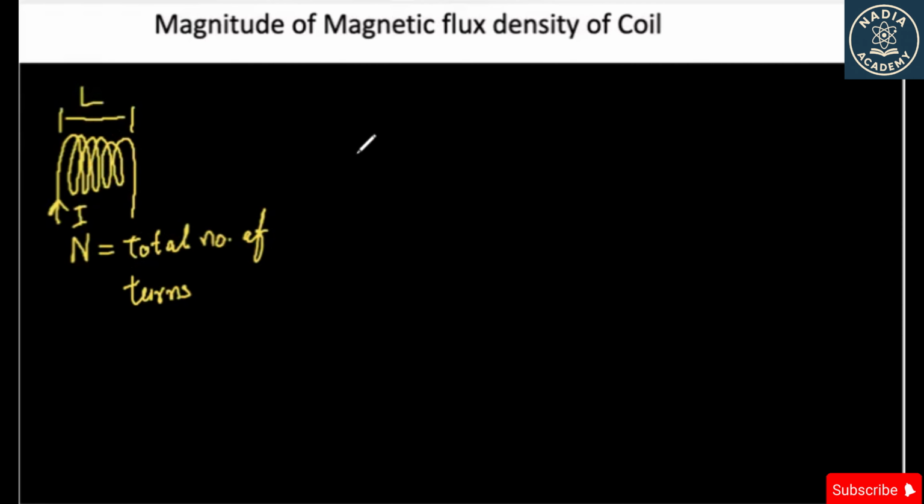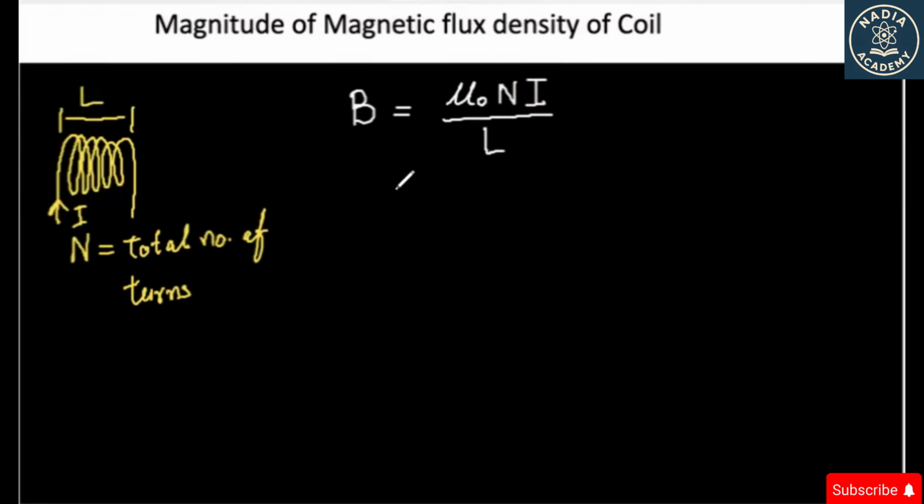So the magnetic field generated by this coil can be calculated using the formula B is equal to mu naught, the permeability of free space, 4 pi 10 raised to power minus 7 Tesla meter per ampere, times N, the total number of turns, times I, the current, divided by the length of this coil.